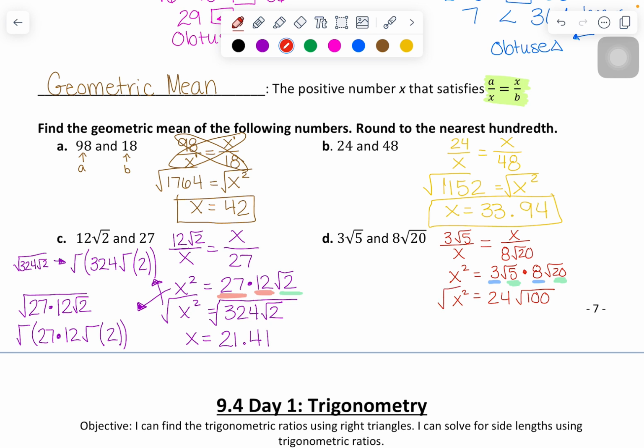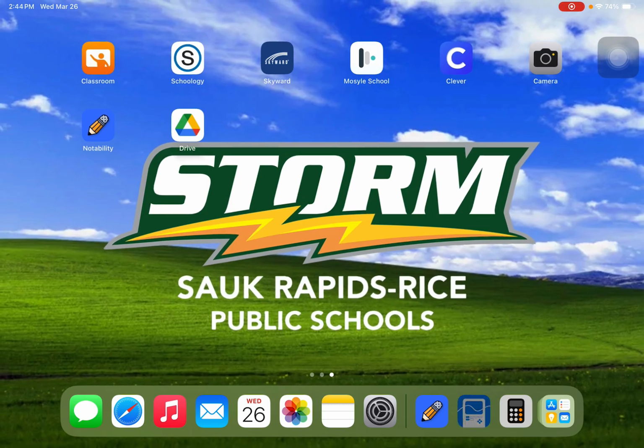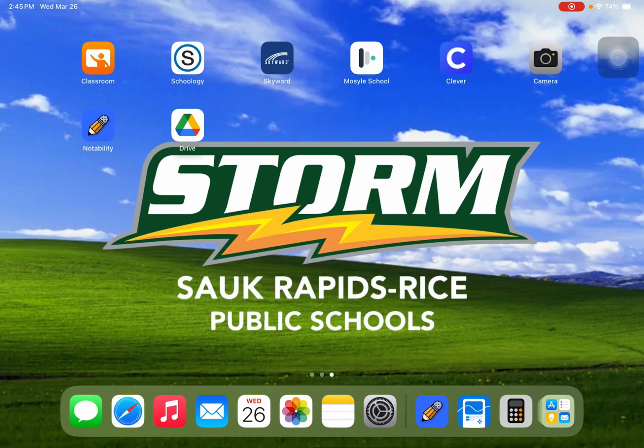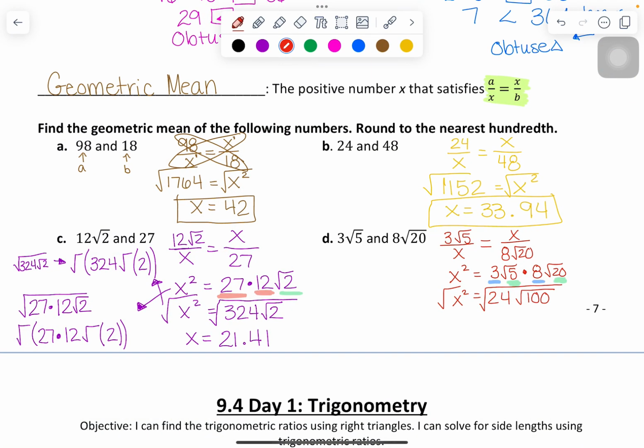To get rid of a squared, we take the square root, which that square root goes over the entire thing. So in my fancy calculator, what's on the right side is going to be what I type in. 24 square root of 100 inside of a square root. Oops, wrong button. 15.49. Which I don't need the plus or minus.